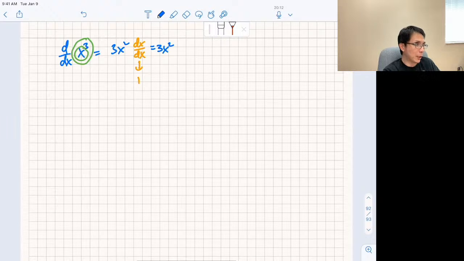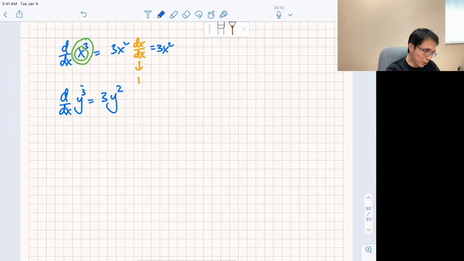But normally we don't see that. Why does that matter? Because if I do d/dx on y cubed, what will happen? Well, I'm going to get 3y squared just like before. Now remember, those are 2 layers. Now I have to take a derivative of y, but with respect to x.